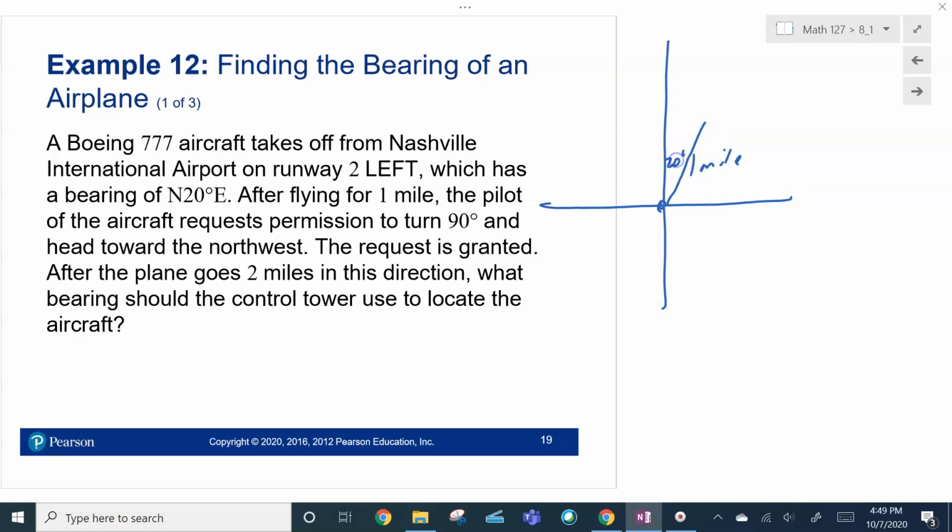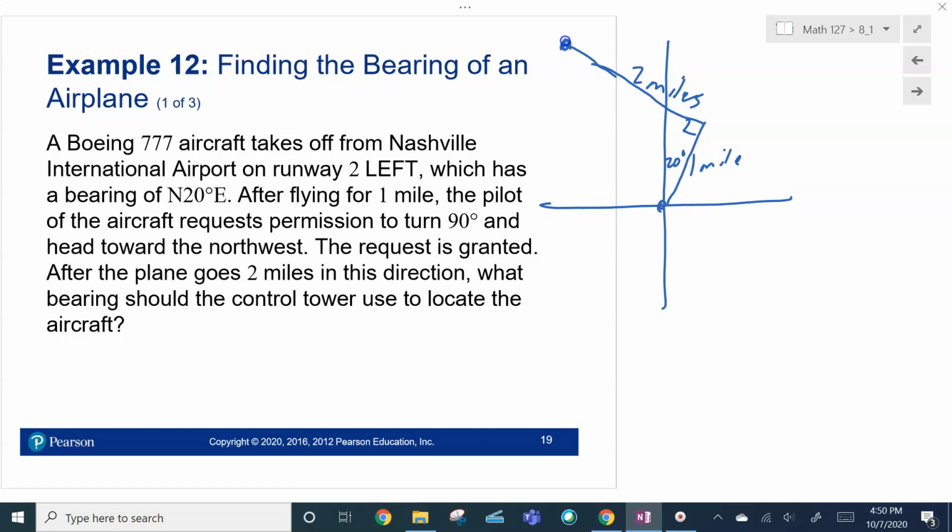So here's our 20 degrees in there. After flying for a mile, the pilot of the aircraft requests permission to turn 90 degrees, so it turns towards the northwest, making a 90-degree angle right here. The request is granted after the plane goes for 2 miles in this direction. So now it's gone 2 miles, so double the length there.